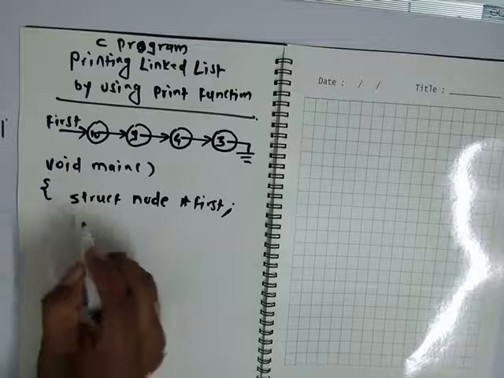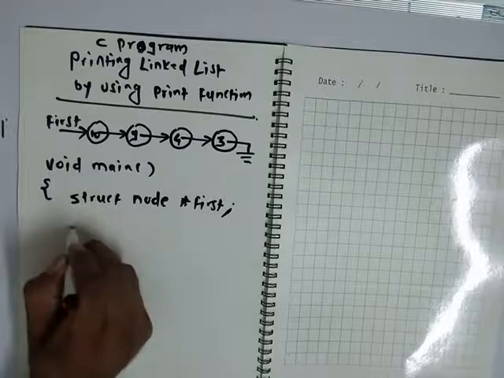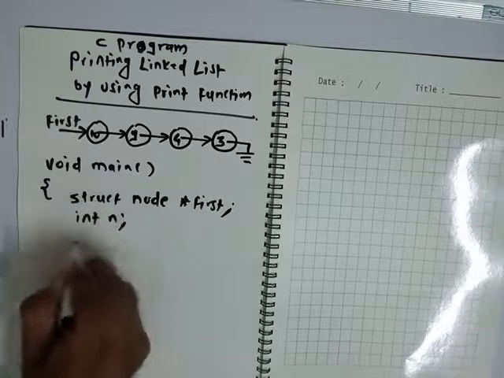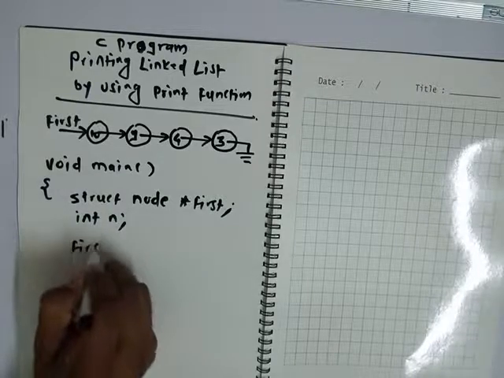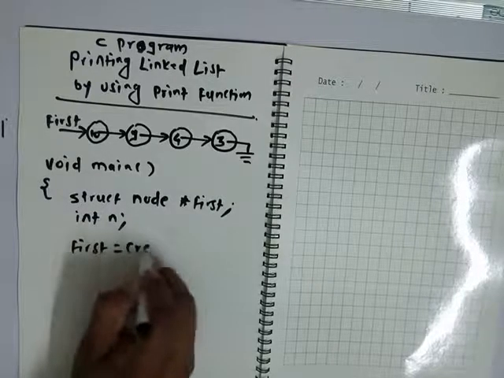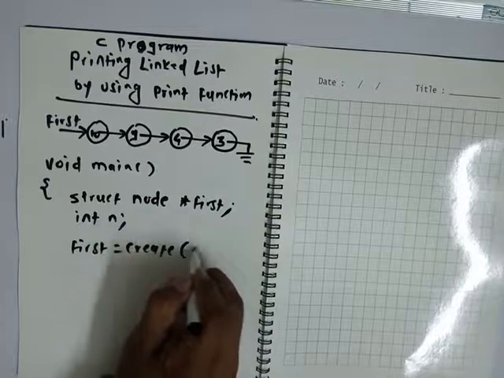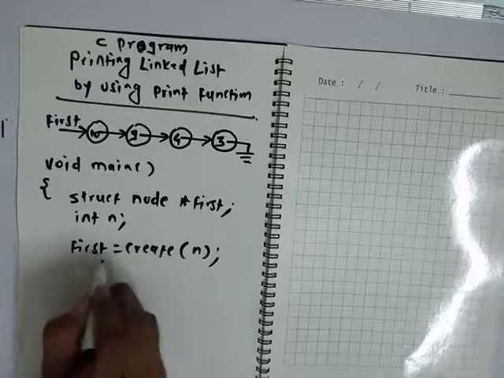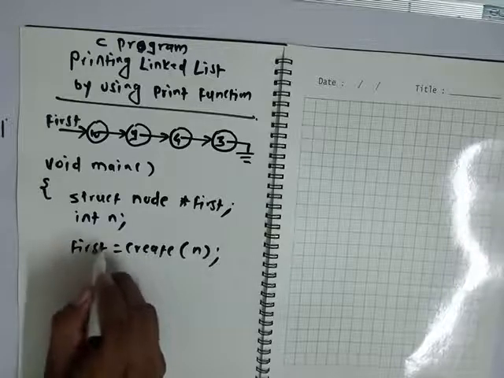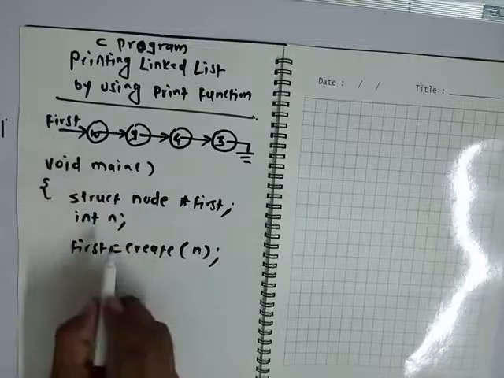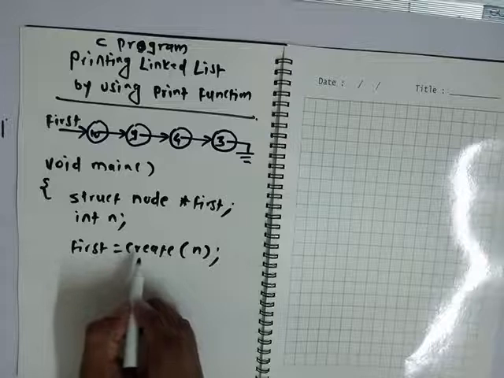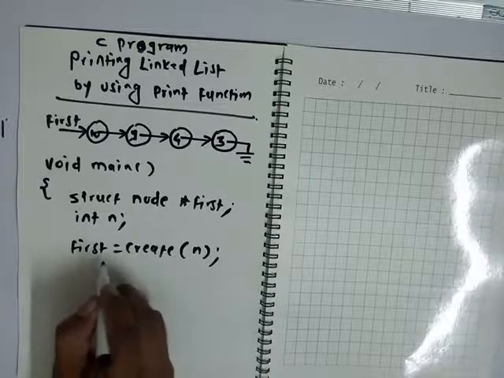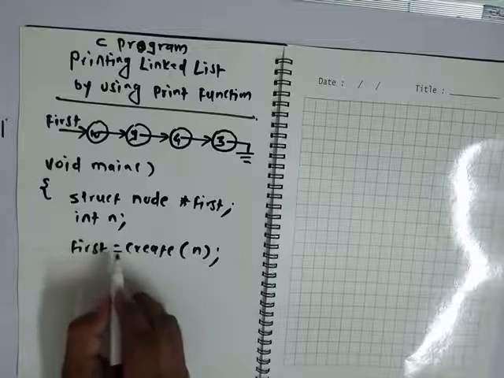I have called the create function, first equal to create, and this create will create a linked list and return the address of the first node of the linked list. We will store that address in the first pointer. We have already seen the create function in one of the videos on linked lists. So let's say we have already created a linked list.